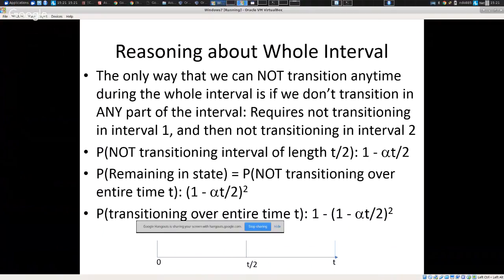I have to dodge that bullet, and then I have to dodge this next bullet as well. So what's my probability of dodging both those bullets? Well, it's just the square of this probability. So here we have a probability of not having transitioned over both intervals and over the entire time t of 1 minus alpha t over 2, quantity squared. Have you seen this before in probability class?